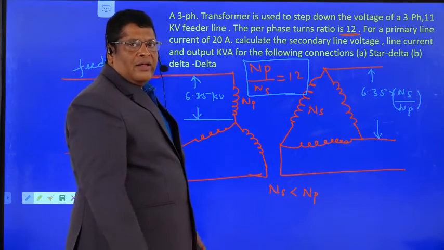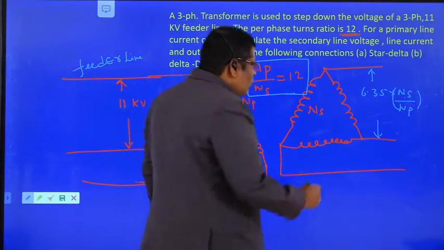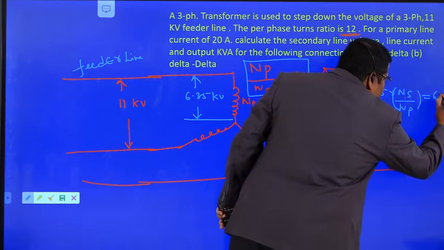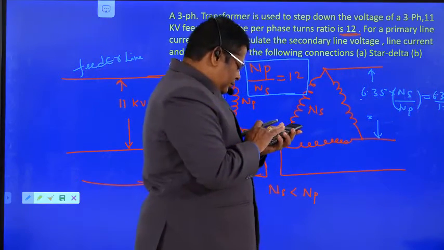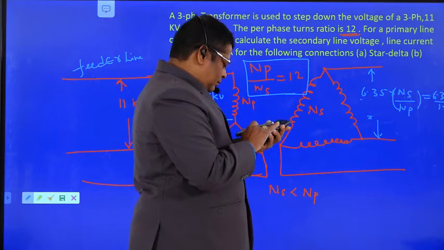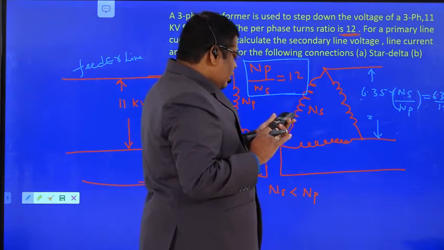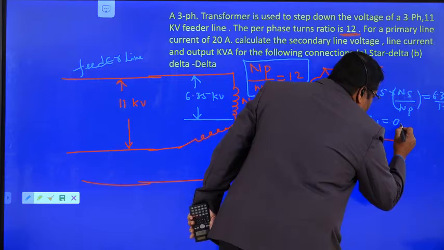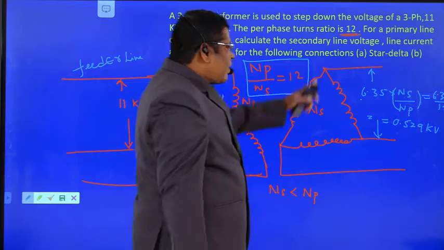Since we know the value of NP by NS, this is 6.35 divided by 12. How much are we getting here? We are getting 0.529 kilovolts. This is the per phase secondary voltage.